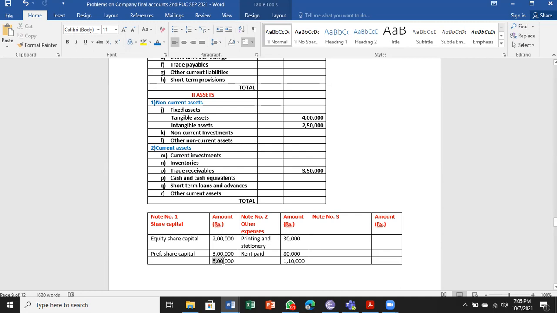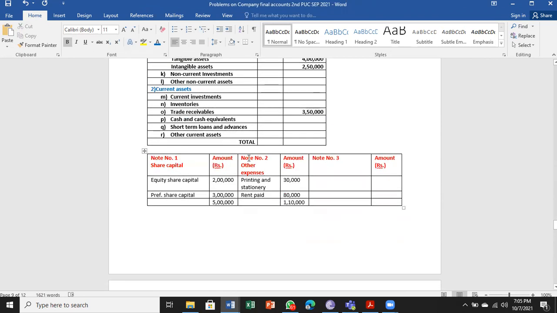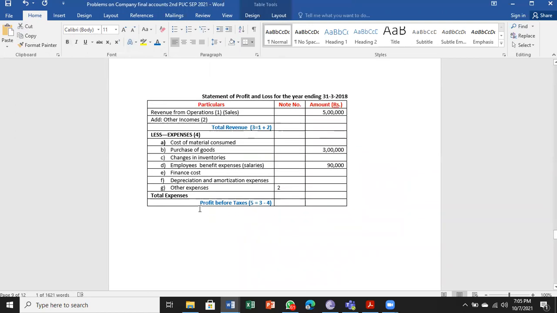So let me take this 5 lakhs to balance sheet under share capital. Note number 1. Note number 2 connected to other expenses. Let me take over here under income statement.